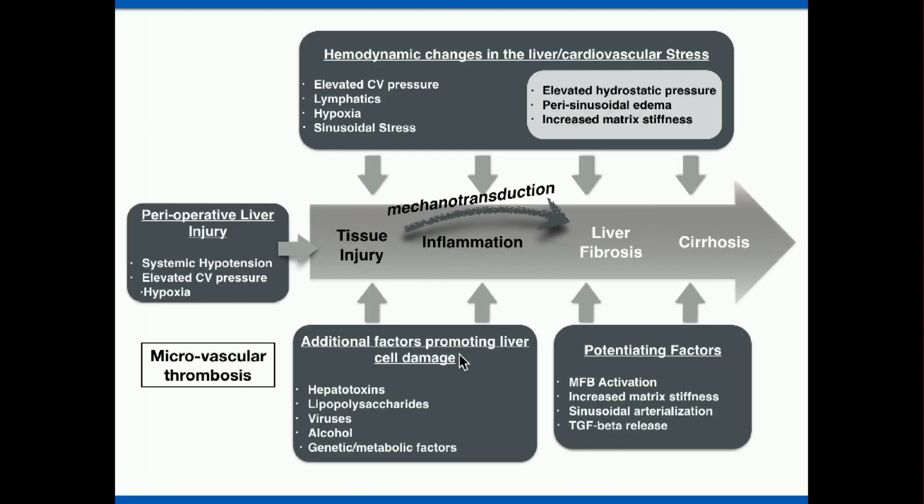There are multiple mechanisms of potential liver injury, and you are familiar with many of these, so I'm not going to go through all of these. I want to perhaps just highlight a few aspects that we don't often think about. There's a very nice new data set in an experimental setting of microvascular thrombosis as a potential contributor towards liver disease.